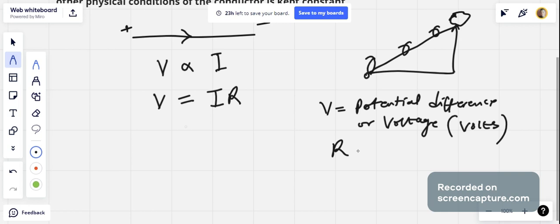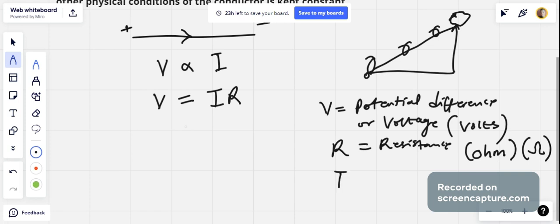R represents resistance, and the unit for resistance is ohms, or ohm, and the symbol is one of these symbols. And then I is current, and the unit for current is ampere, denoted A.